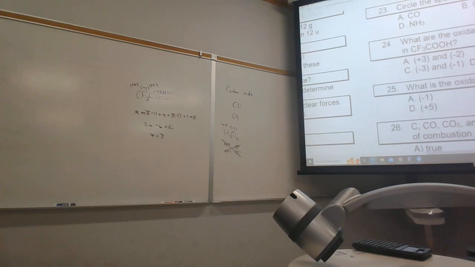And so what we do is we draw out the Lewis structure for this. This is a carboxylic acid. And when we do formal charge, there are 3 ways to count the electrons.